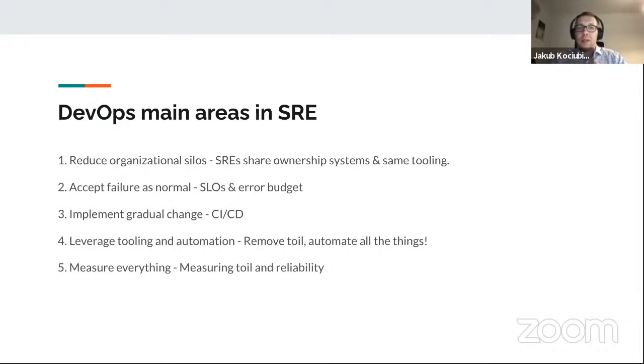You've got SLOs, SLIs, and the error budget for accepting failure as normal, so for planning for failure. You've got continuous integration and continuous deployment for implementing gradual change. You have removing toil, automating all the things, and measuring them as the last 2 principles.